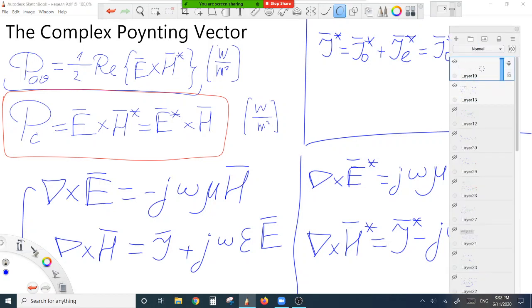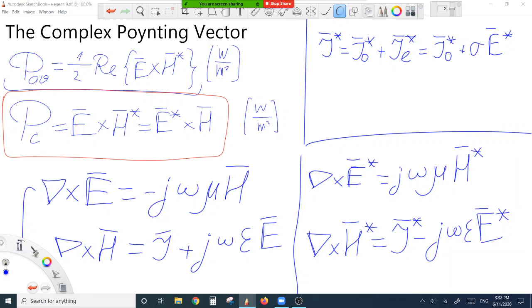So first, let's write the scalar product between H conjugate and this equation.